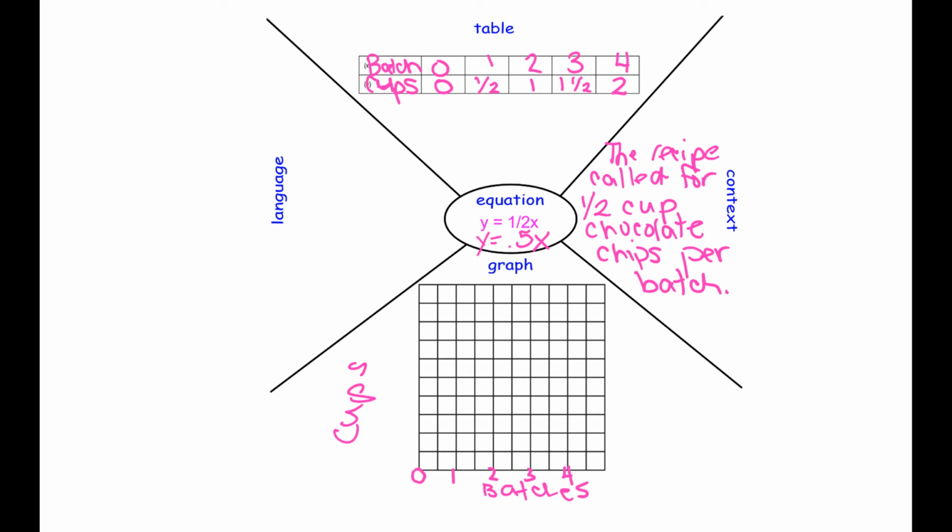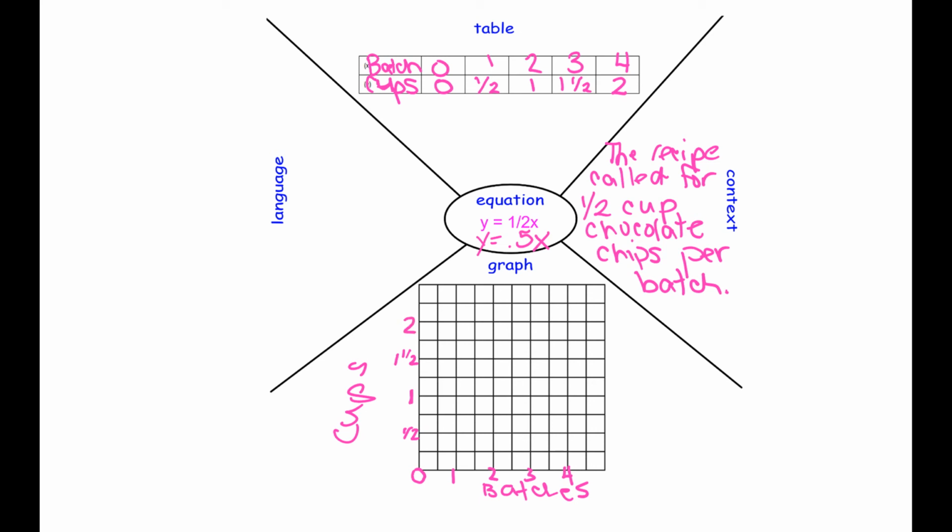And I don't have to get up very high because it is only going to 2. So I might actually skip quite a few. I might say this is half right here, and then this is 1, and then this is 1.5. So I'm actually going by fourths if you think about it, and this is 2.